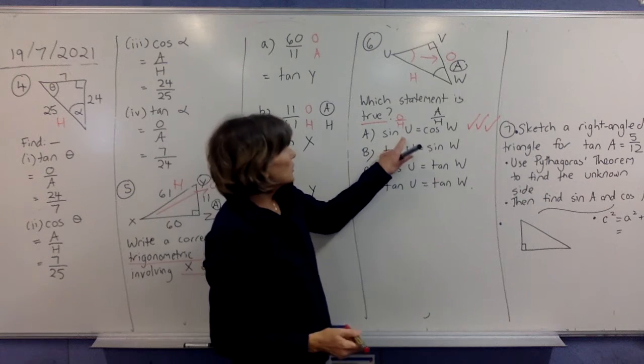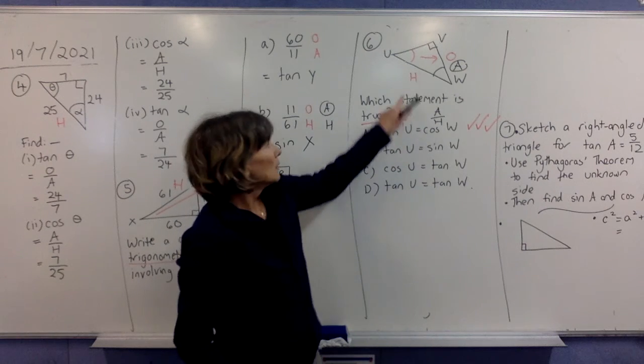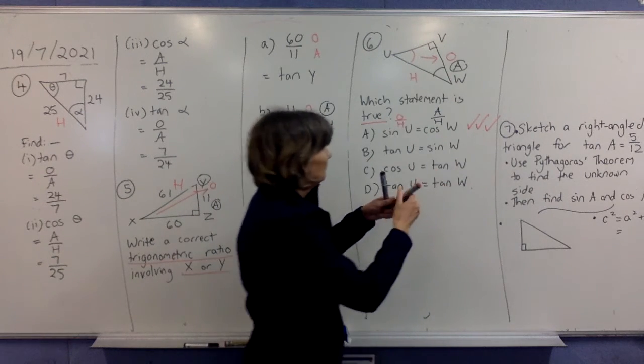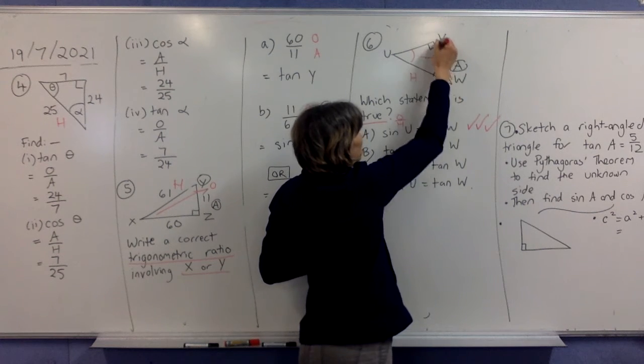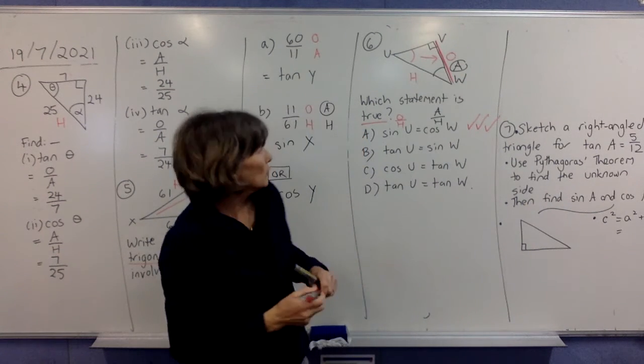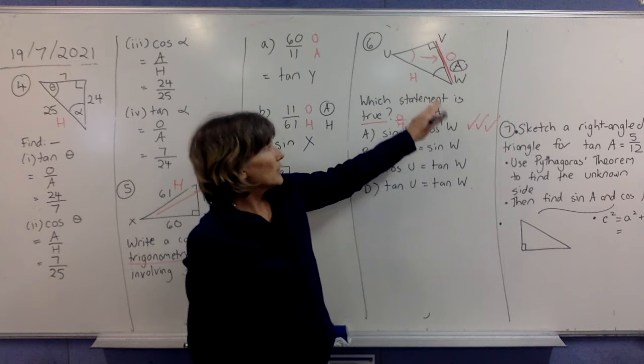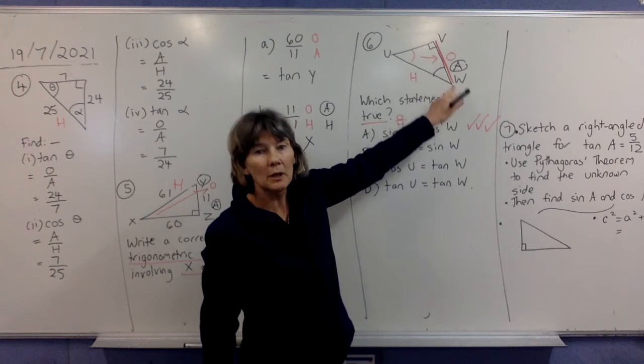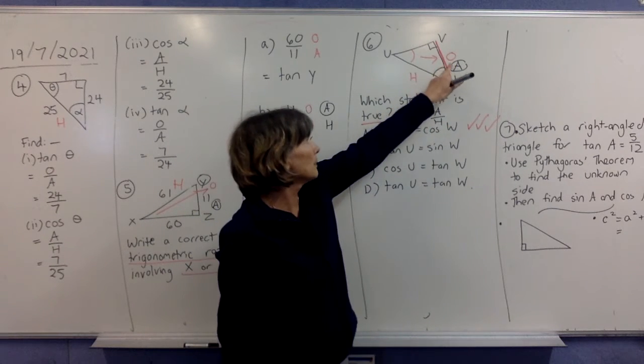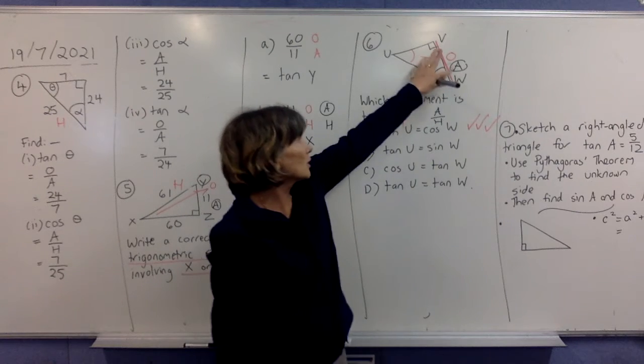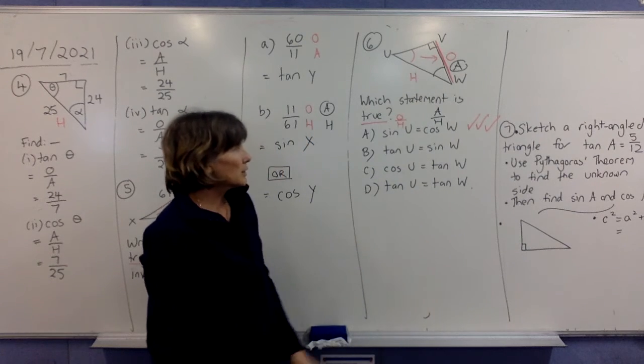Because when you do the sine of u, the opposite side is this one. When you do cos w, the adjacent side is that same side. So you end up with them both giving this side over this side. So that's the statement that's true.